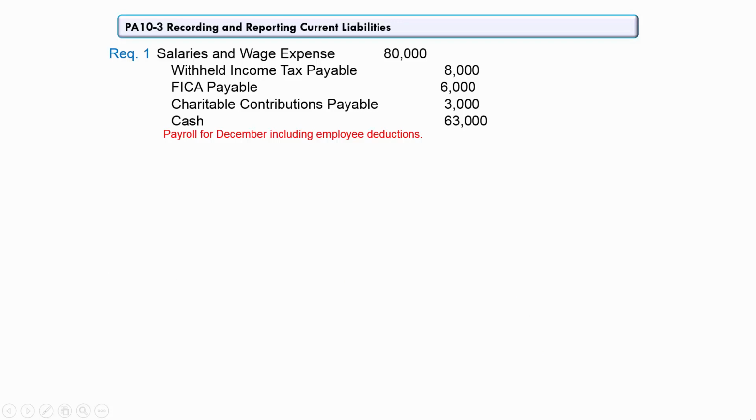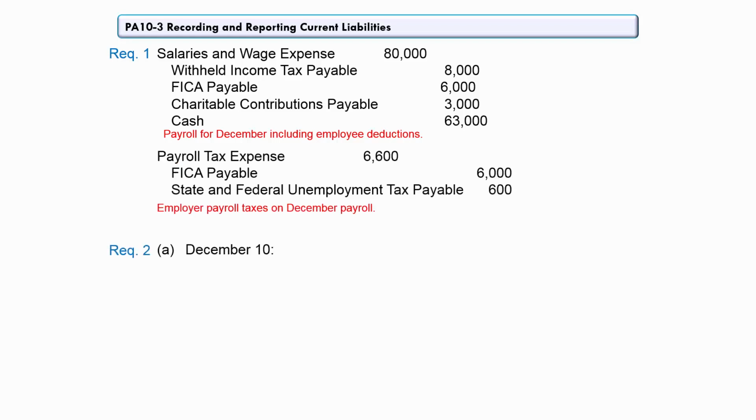If it's not being paid, it would be wages and salaries payable instead of cash, and all the deductions represent liabilities to the company. And when we have to think about our portion of payroll taxes, we are going to match whatever FICA is for the employee, and we also have to pay state and federal unemployment taxes payable. This constitutes our total payroll expense.